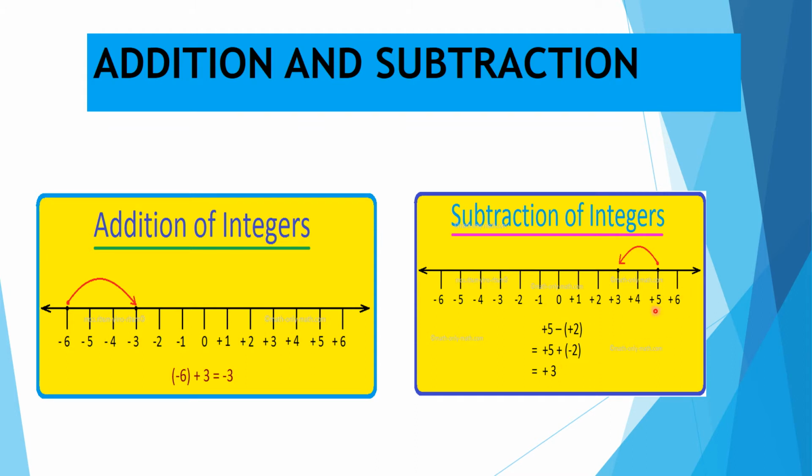Now from plus 5, if you move 2 steps to the left side, where are you reaching? You are reaching 3. So plus 5 and plus minus 2, because it is minus 2, you are moving 2 steps to the left side. So you are reaching plus 3. So the answer is plus 3.